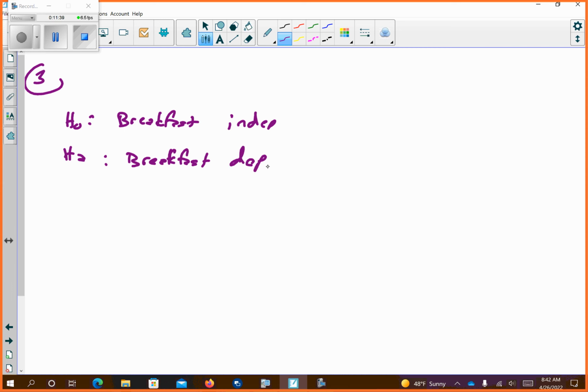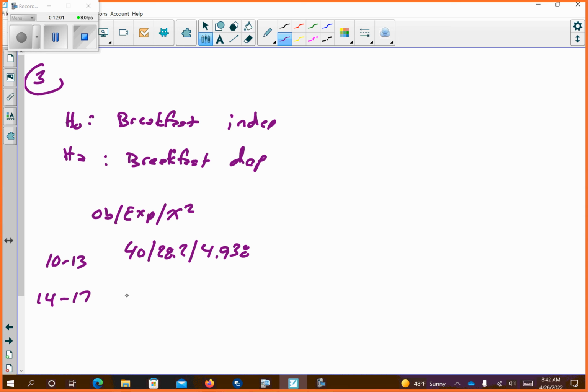All right, and then if we fill this out, we get observed, expected, chi-squared. For the 10 to 13 category, we're going 40, 28.2, 4.9, 3.8. This is 14 to 17: 12, 18.8, 2.459.